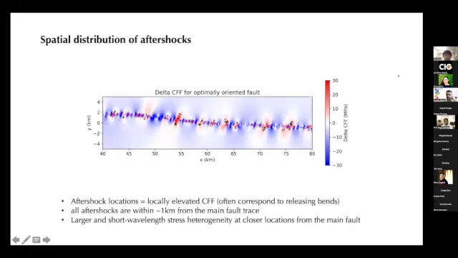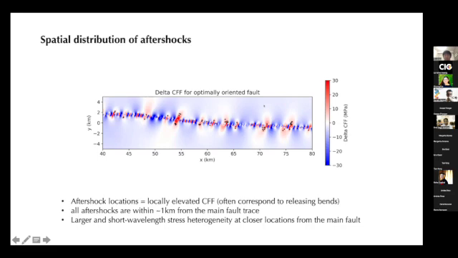Here I'm focusing on the statistical properties of our aftershock simulation. To do so, I'm running many ensemble simulations and plotting the results in a single figure like this. The black dots are the locations of the subsidiary faults that produced aftershocks.